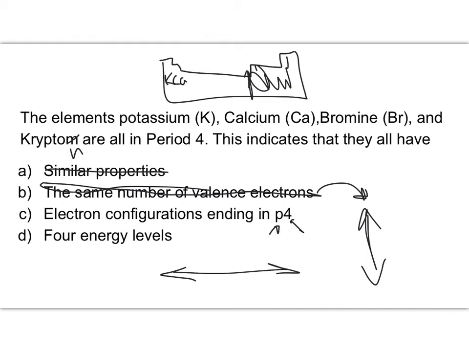Bromine and krypton are on the right, but since they're not all from the same area, they can't all end in the same electron configuration. So the only choice that's left, and the thing that's related to this, the energy levels and the rows of the periodic table are directly connected. So everything in row 4 has 4 energy levels. Everything in row 3 has 3 energy levels, and so on.